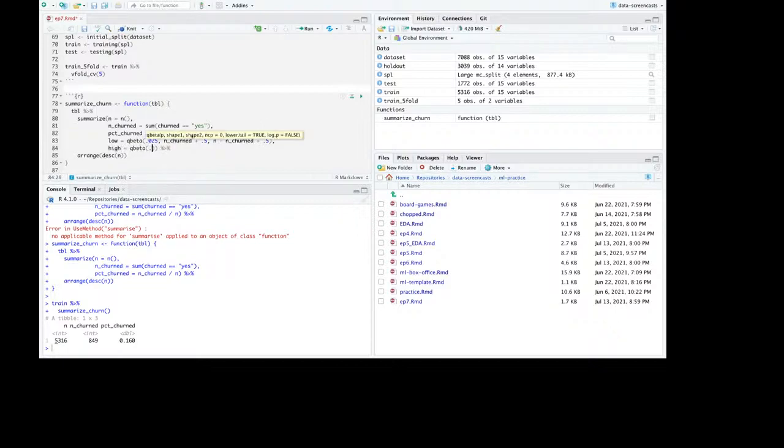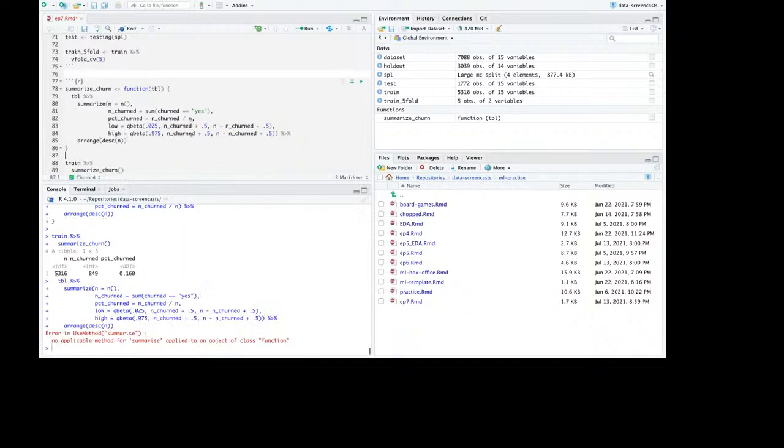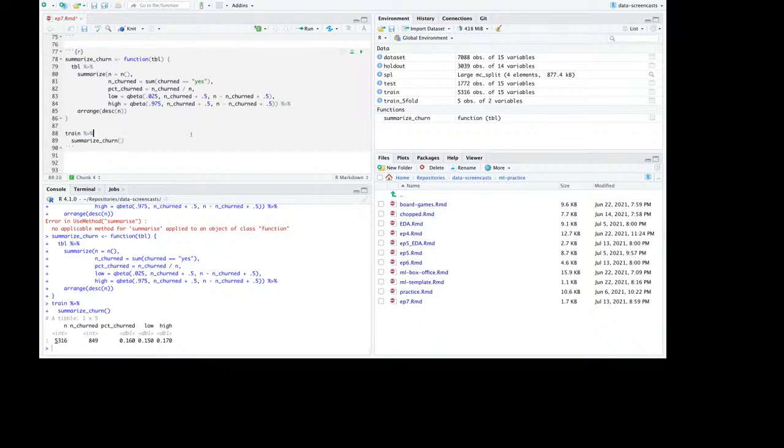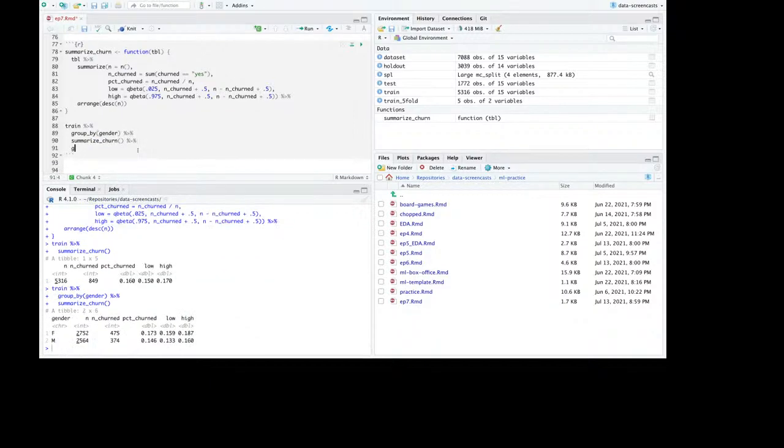High is q beta 0.975 n churned plus 0.5, n minus n churned plus 0.5. That's the stuff. And now I've got my low and high. Why am I doing this? Because now I can group by gender. And now I've got my stats.